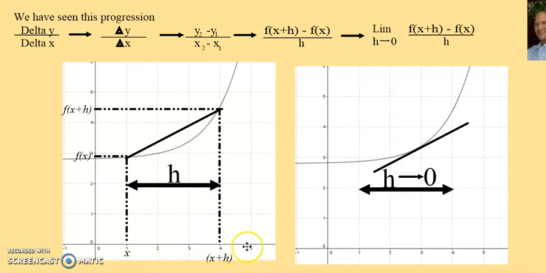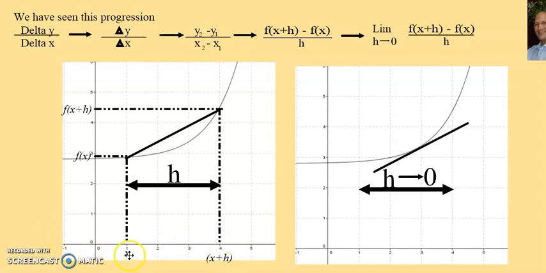What are we talking about? If we have a curved graph and this coordinate here is x and the distance between the 2 points is h, then this point over here will be x plus h.